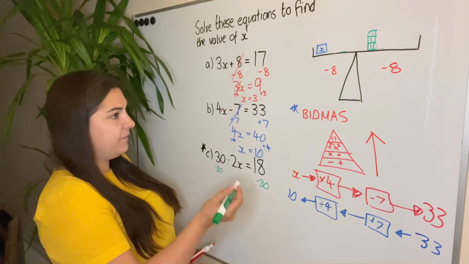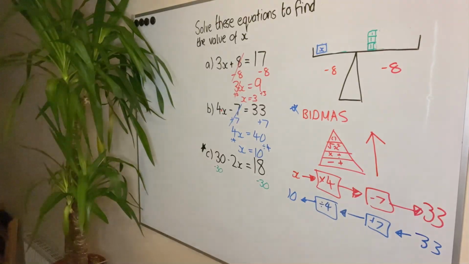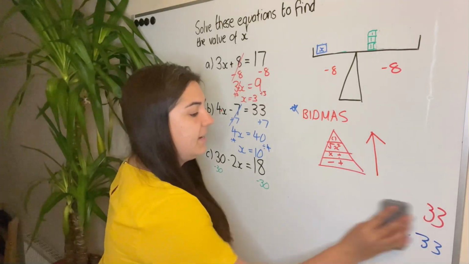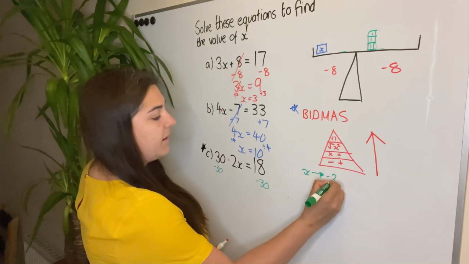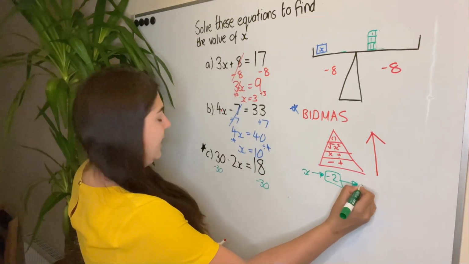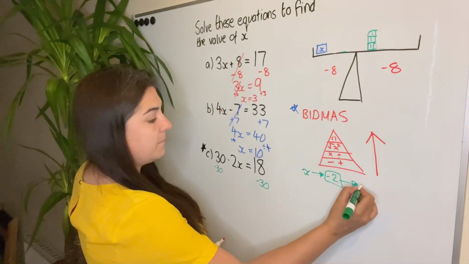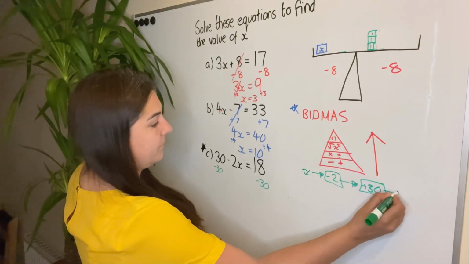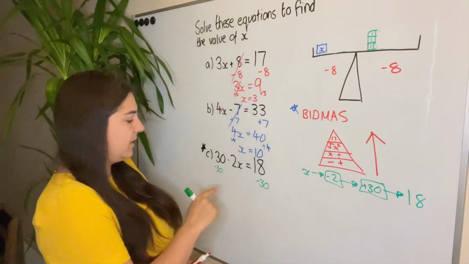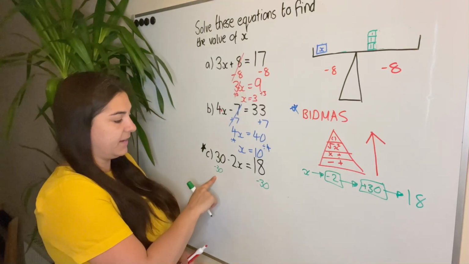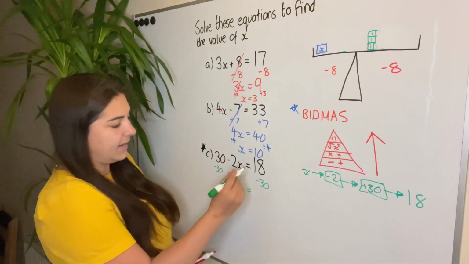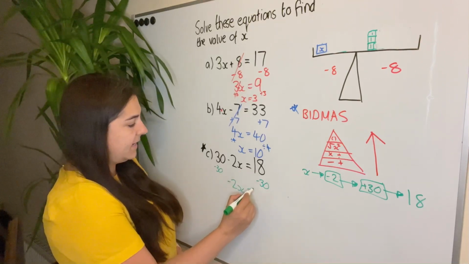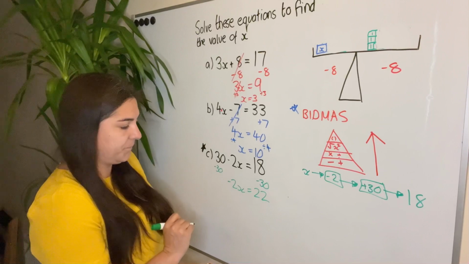And the reason is, if you were doing your flow chart, x would be being multiplied by negative 2, and then it's got 30 being added to it, and 18 comes out. So I subtract 30, that's the first thing I do. So I'm left with minus 2x equals 18 take away 30, which leaves me with negative 12.